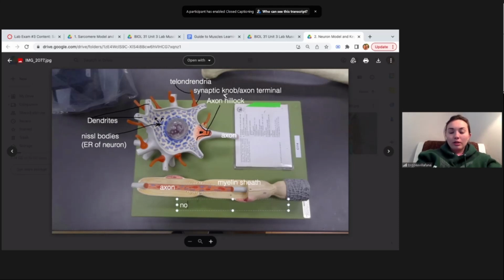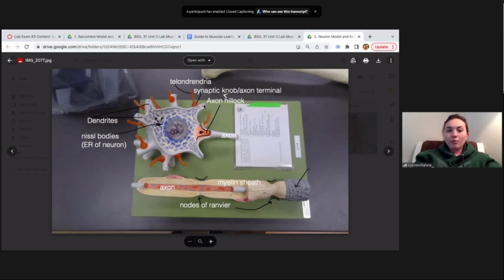Where there are little gaps or indentations in the myelin sheath, those are called nodes of Ranvier. So right here, that's a little indentation. You can kind of see how it dips down. And then there's another one right here, nodes of Ranvier. We'll talk about what those are in just a minute when we go through the outline, okay?